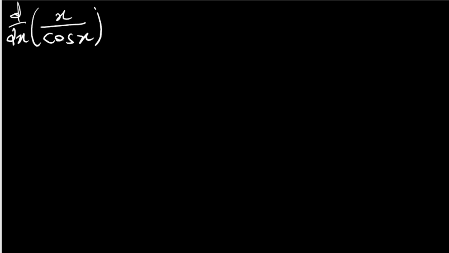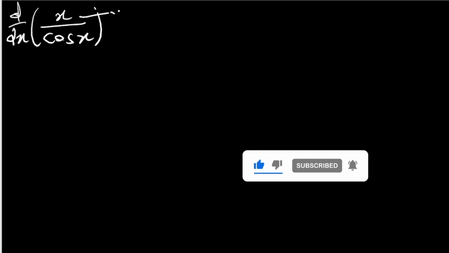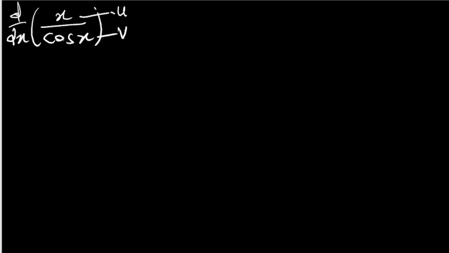You already know that we are using the quotient rule, because two things are being divided. So x will be our u and cos x will be our v. That is, u is equal to x. When you differentiate this u with respect to x, it will give you 1. And at the same time, we have v equal to cos x.